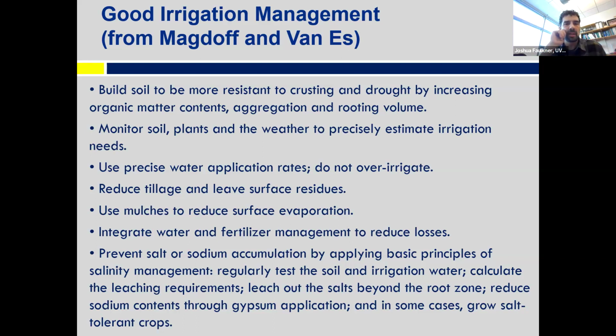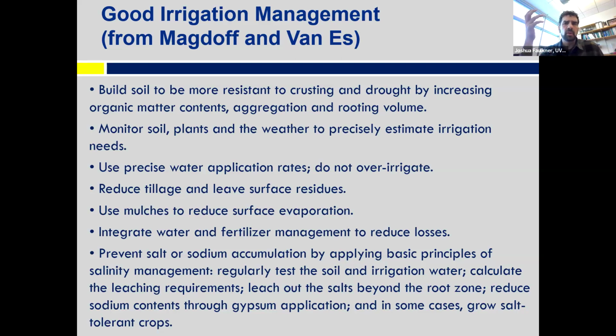I think we've talked about that extensively. Mulches also, as they function to help reduce aggregate destruction, they also reduce surface evaporation. Integrate water and fertilizer management to reduce losses. So that means promoting fertigation systems where the fertilizer, the nutrients are mixed in with the irrigation water.